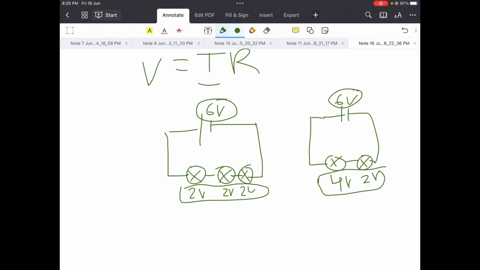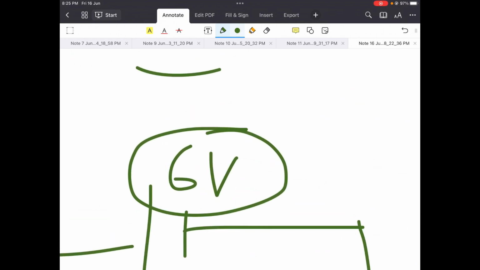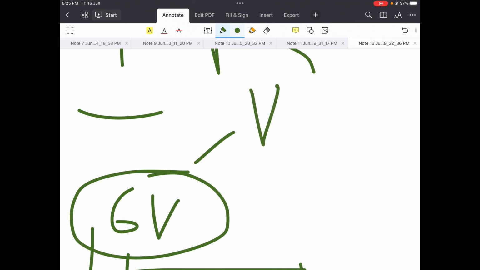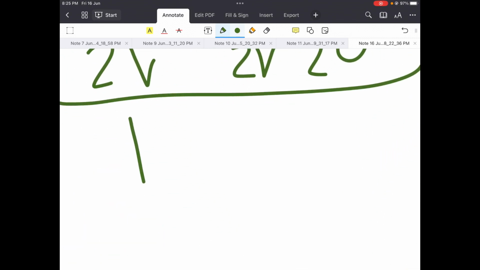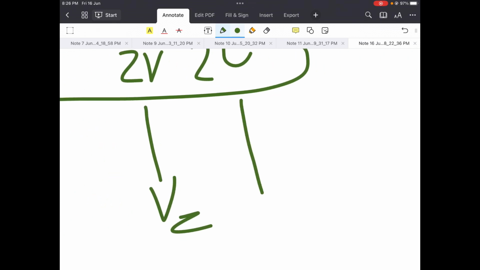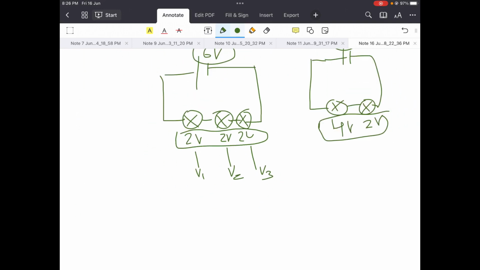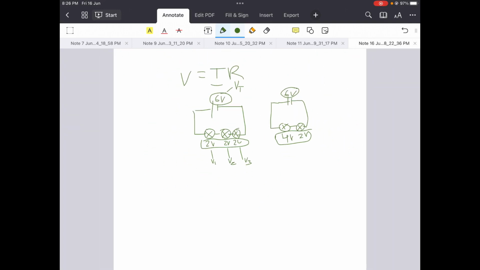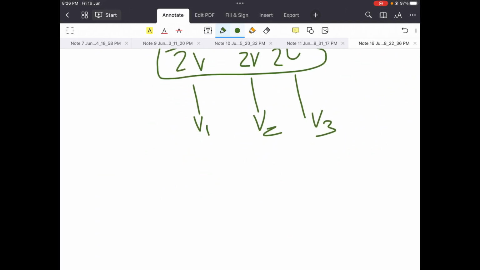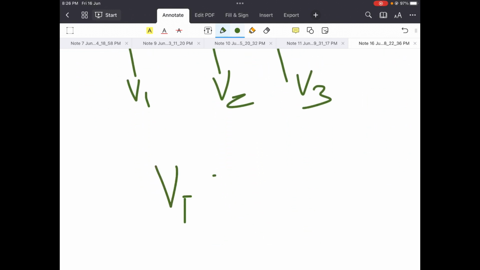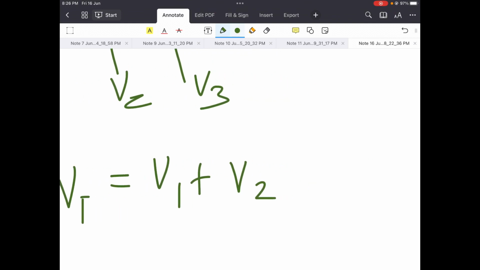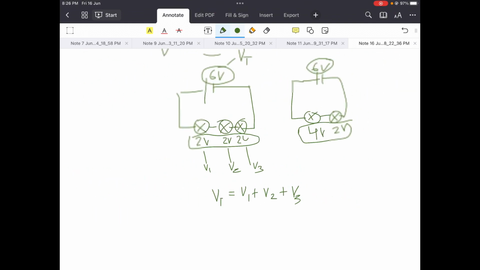So let's try and derive an equation for resistance from this. Let's call this voltage total, so VT, and this is V1, V2, V3. So now we can come up with an equation. VT is equal to V1 plus V2 plus V3.